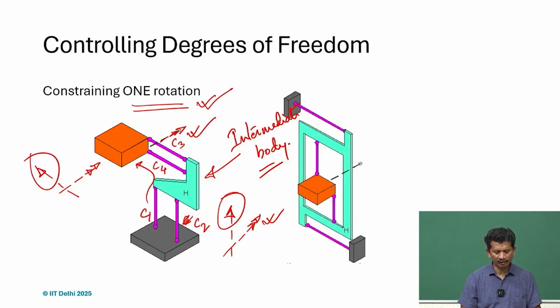So, there can be alternate arrangements, but here what you can see, the orange body is nested, is inside, but it is still constrained, the rotation is constrained with respect to the frame. And what we realize that again is via the intermediate body.